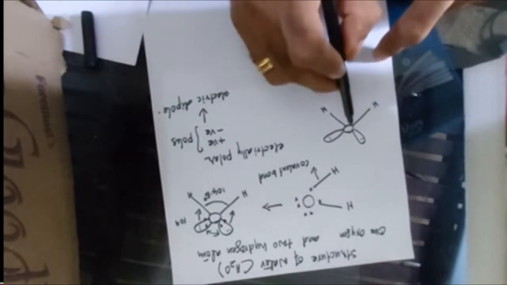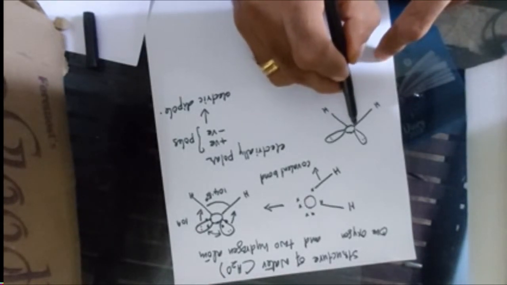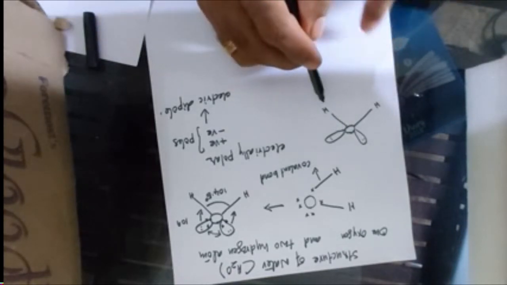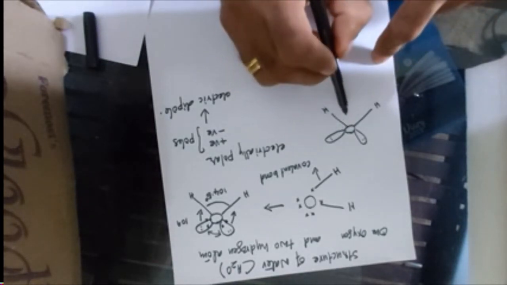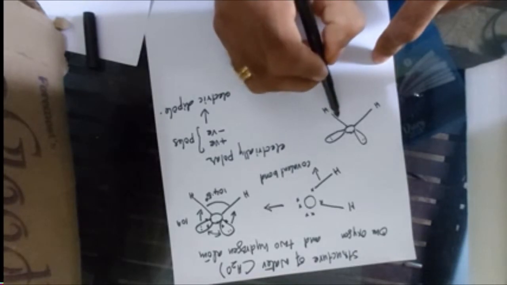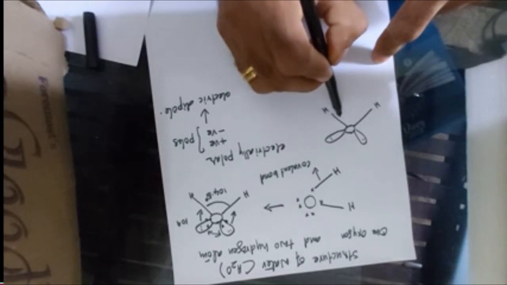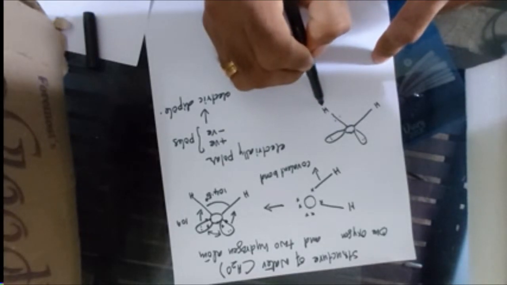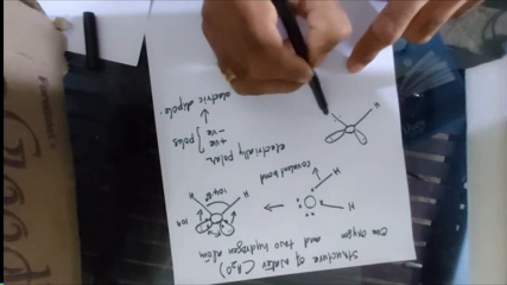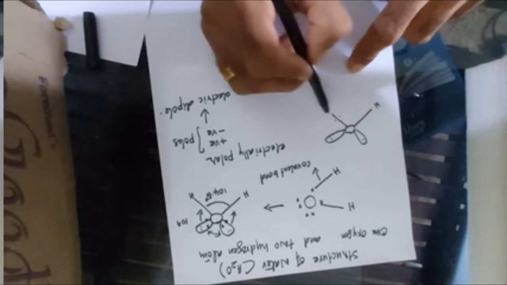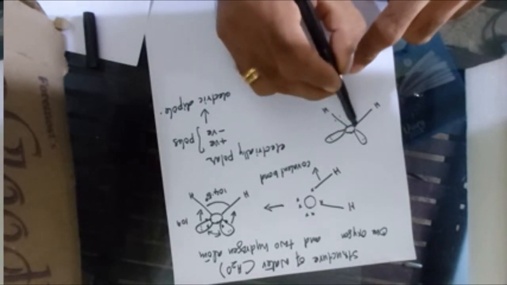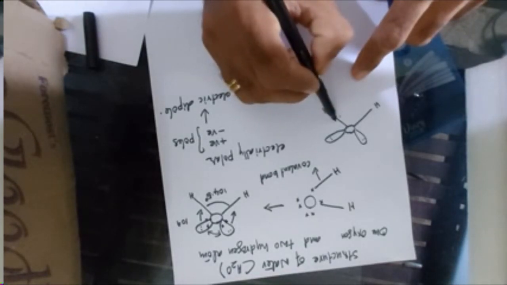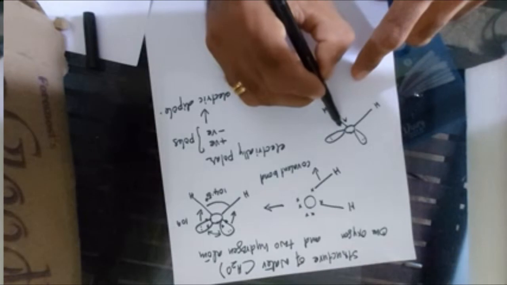In this water molecule, the oxygen is a little bigger and attracts the electrons shared between the oxygen and the hydrogen atoms. Normally these 2 electrons are equally shared, but because of its larger size and greater tendency to attract, the electrons move towards the oxygen atom.